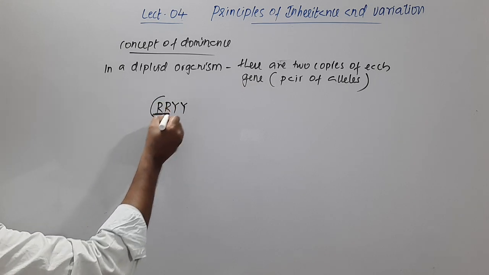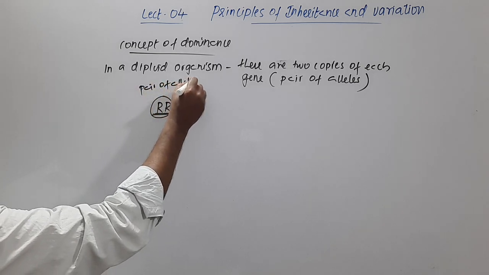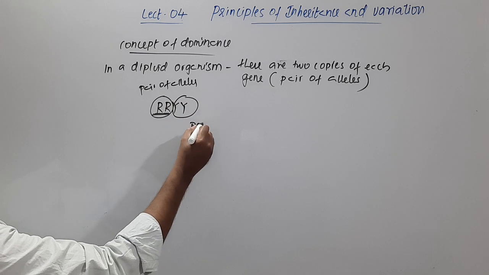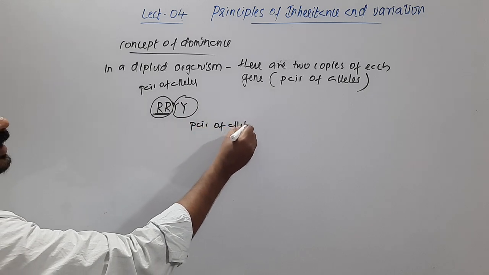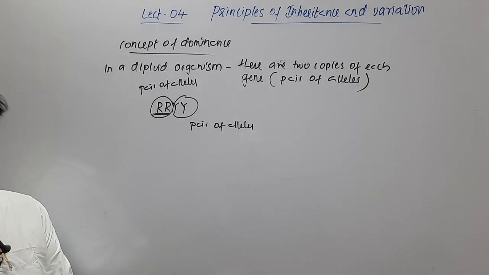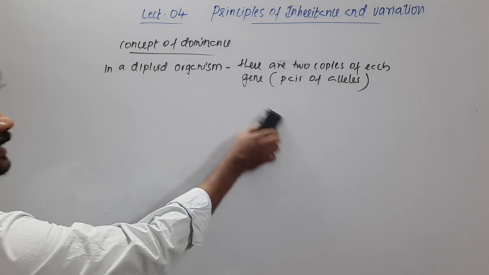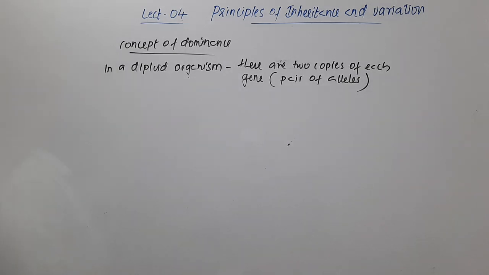So this will be the pair of alleles, and this is another pair of alleles. For every gene we find a pair of alleles. So let's see how some alleles act as dominant and why some act as recessive.